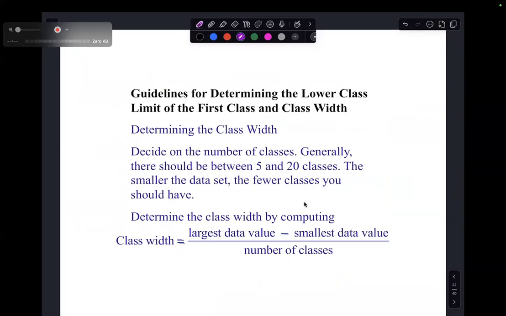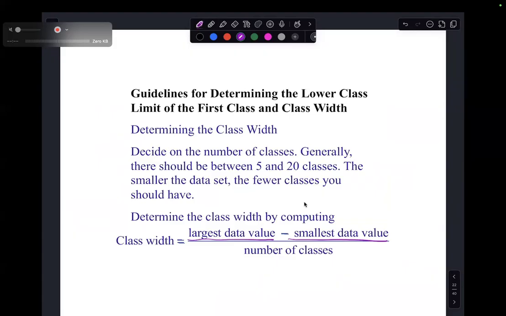So pick a number. They say 5 to 20. I like 5 to 12. That's why I said I'm not going to throw a big fit if you go a little bit over 12. But 5 to 12 is best. So what they say is choose your number of classes. Then you take your largest data value, you subtract your smallest data value, and divide it by the number of classes you want.